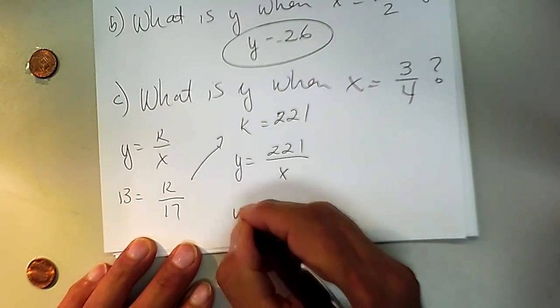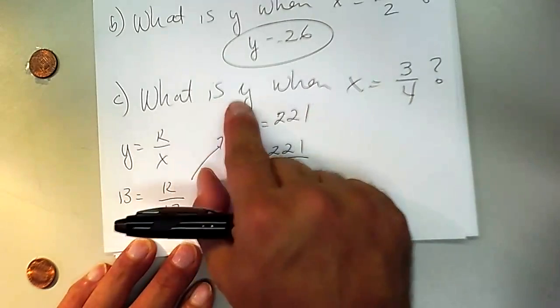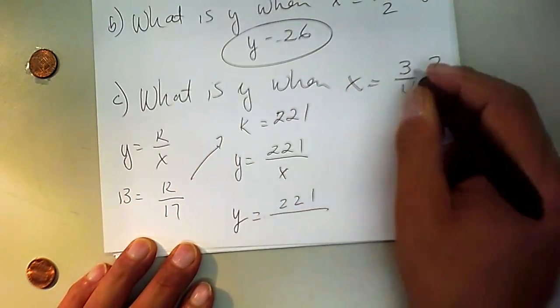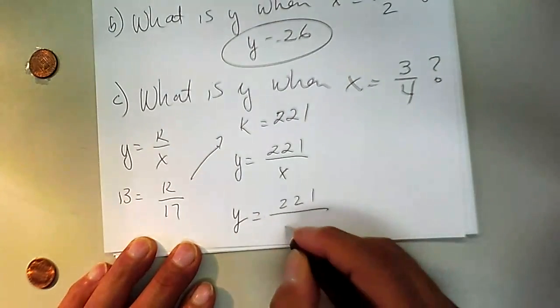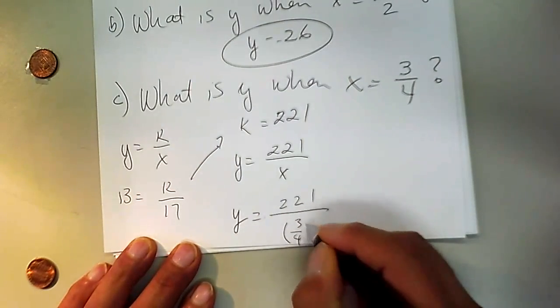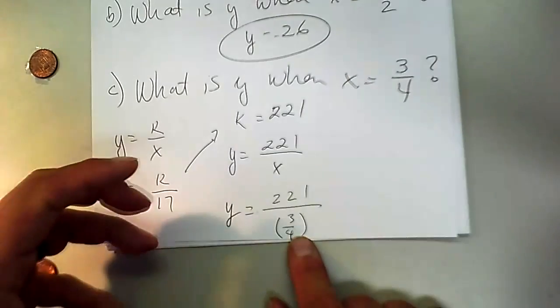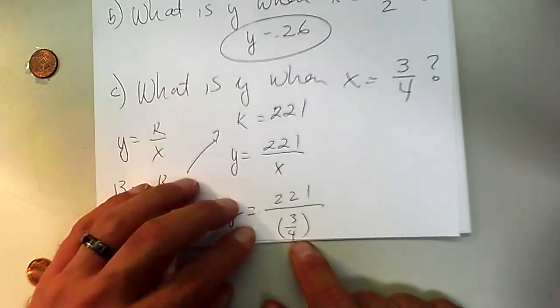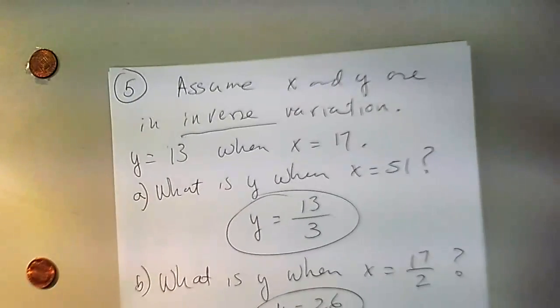So in order to figure out the y value corresponding to the x value, we have to plug in 3/4 into x, 3 divided by 4. Whenever you have a fraction within a fraction, it is probably a good idea to put parentheses around the fraction because, let me step to the side for a moment.